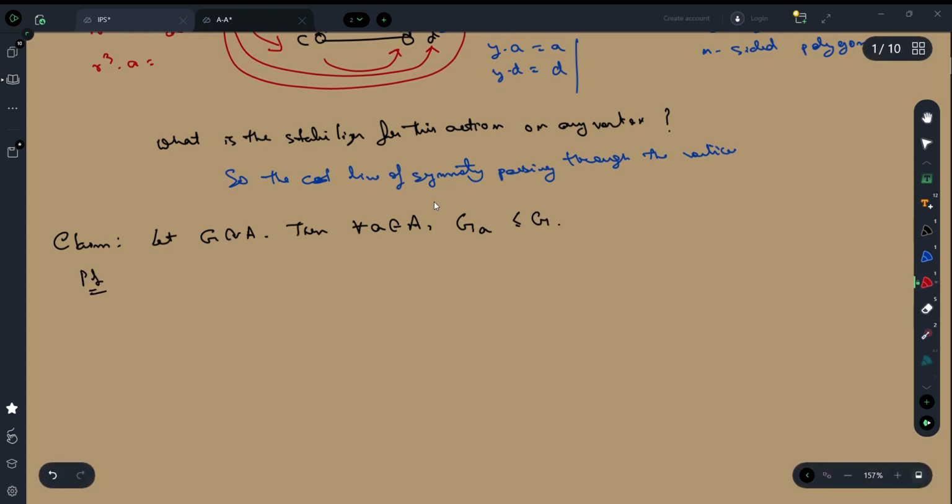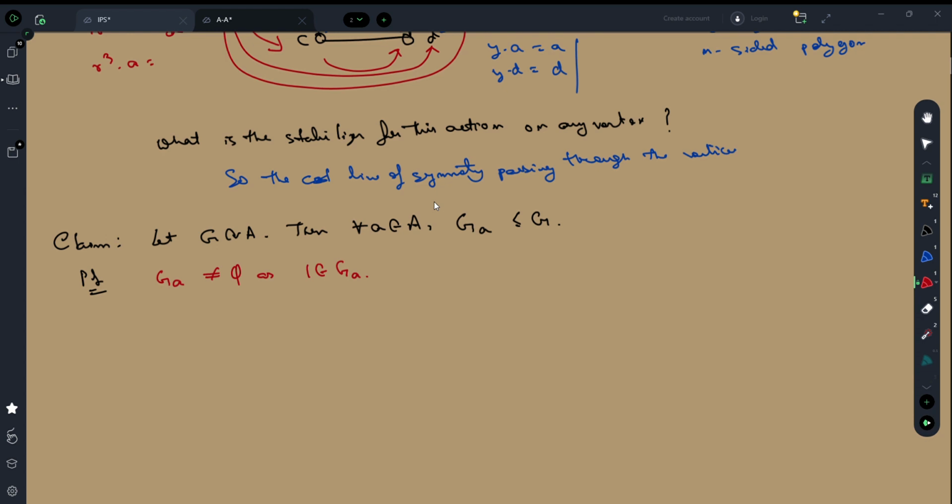First thing first, G of a is non-empty. Why? 1 is obviously in G of a because 1 will fix every element of A. So 1 is surely in G of a. That is the first point to observe.